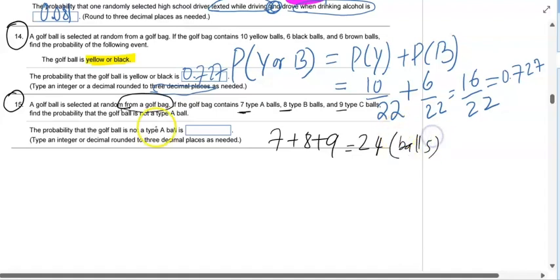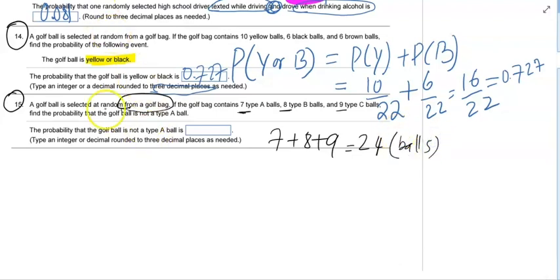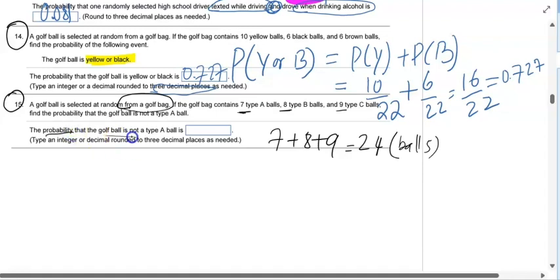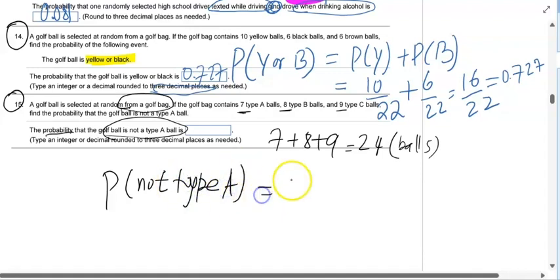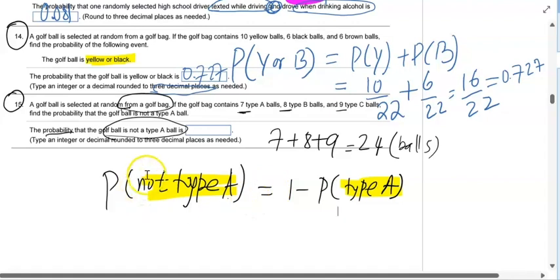And the question is asking, what's the probability that the golf ball is not type A? Probability of not type A equals 1 minus probability of type A. In other words, this is the complement of A. This is A. And we had the formula before: probability of the complement of the event equals 1 minus probability of the event.